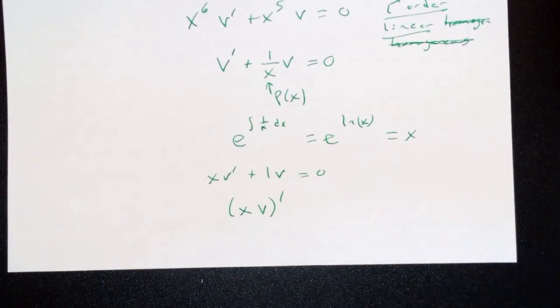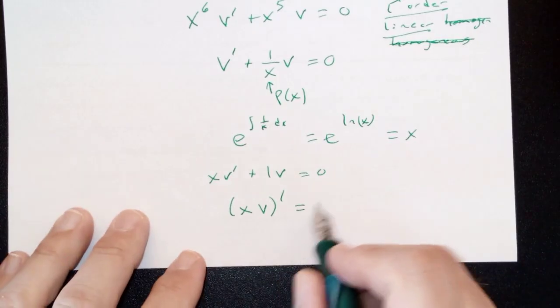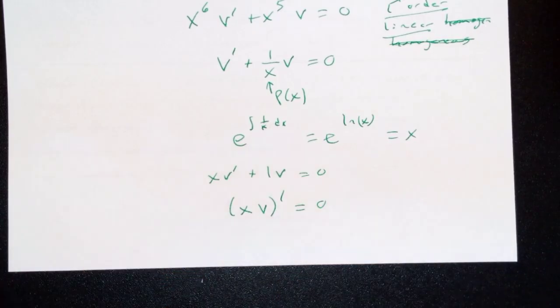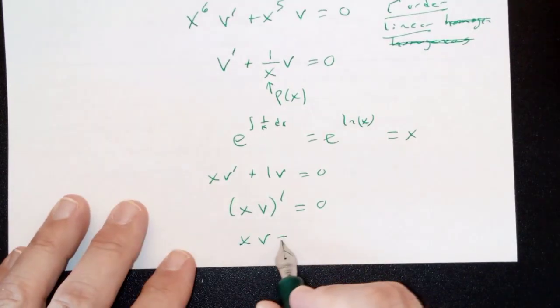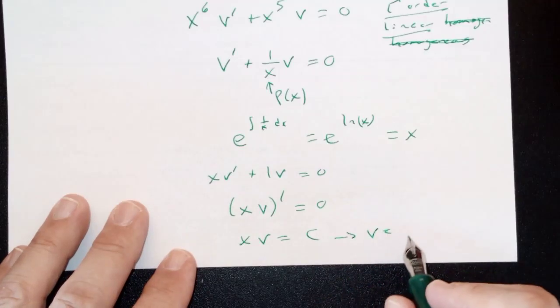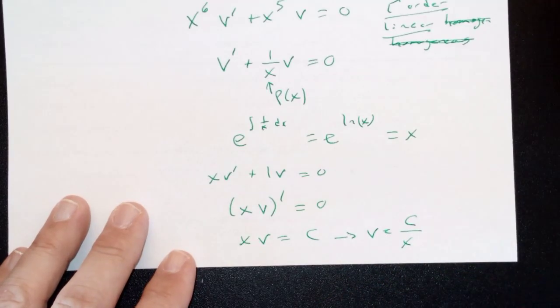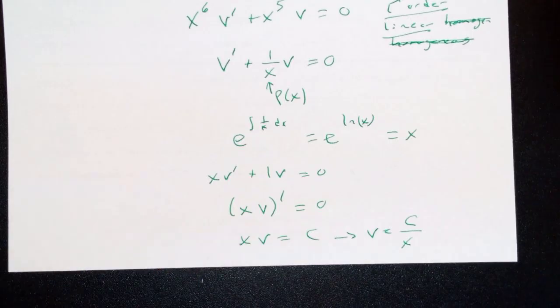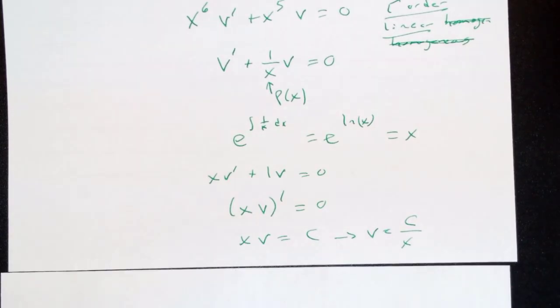That's a product rule derivative. That's equal to 0. So what happens? xv equals a constant because I integrate on both sides. And that means that v is a constant over x. Again, without any loss of generality, I'm going to let that constant be 1.